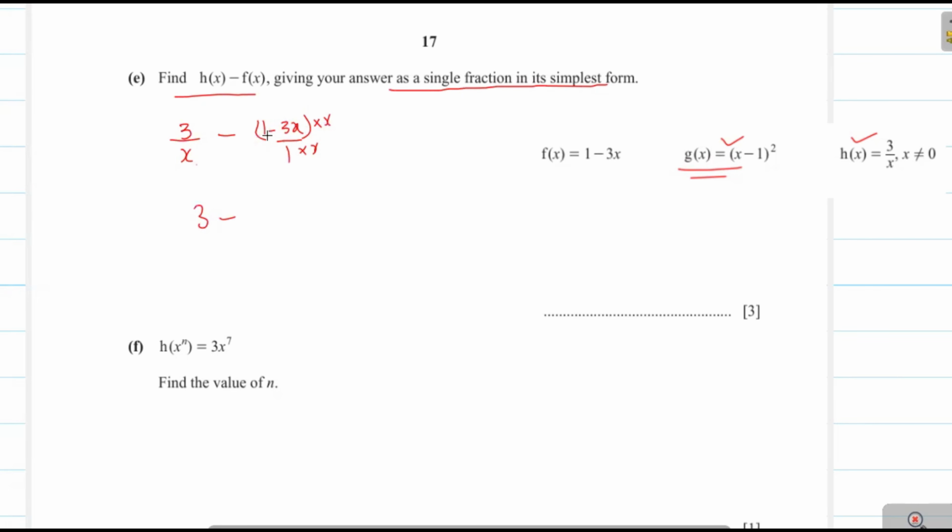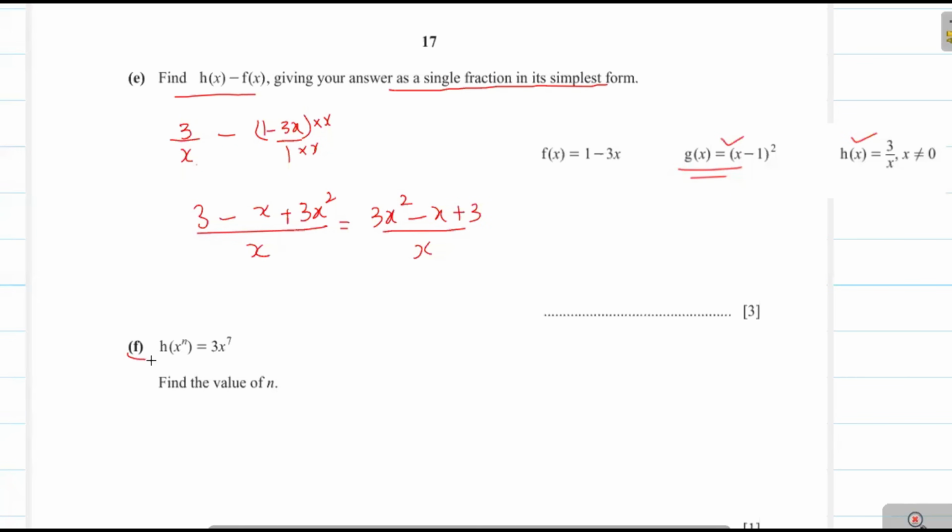When we multiply x by 1, we get x, and 3x multiplied by x is 3x square, and minus times minus is plus. Now we can write it as 3x square minus x plus 3 over x.